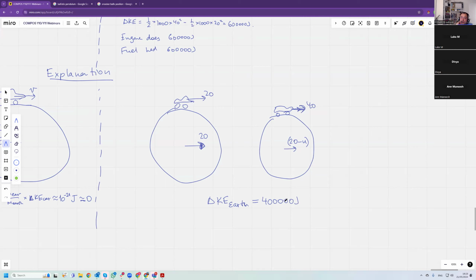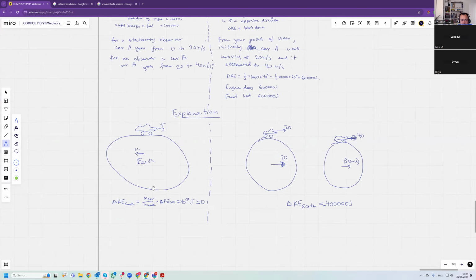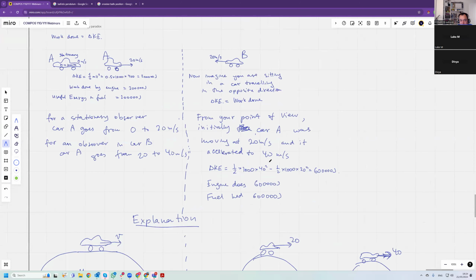So in your frame of reference, the Earth has lost 400,000 joules of energy. Minus 400,000, and that resolves the paradox. Because remember, going from 20 to 40 requires more energy than going from 0 to 20.